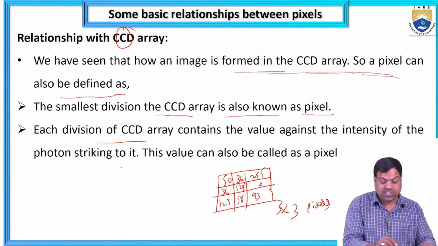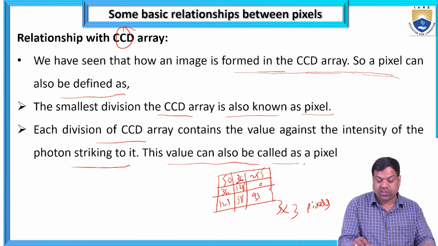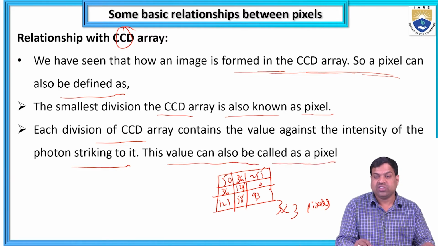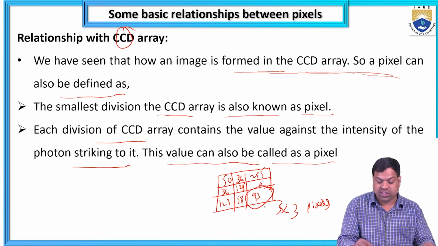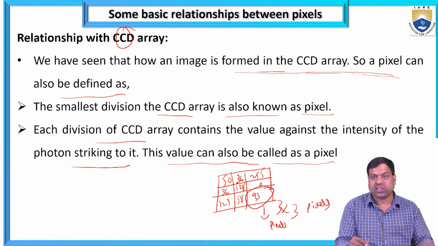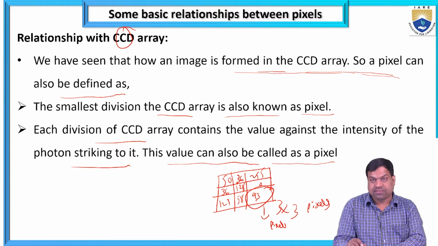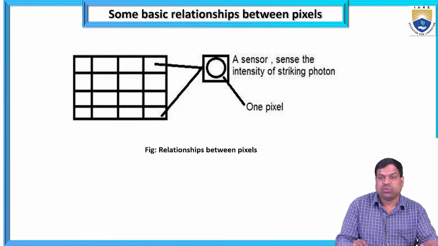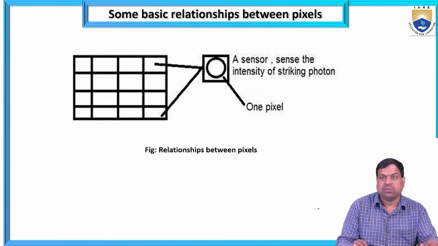The value against the intensity of the photon striking on it can also be called a pixel. So each one is also called a pixel with an intensity value, the gray value. So it is one example of the relationship between the pixels.